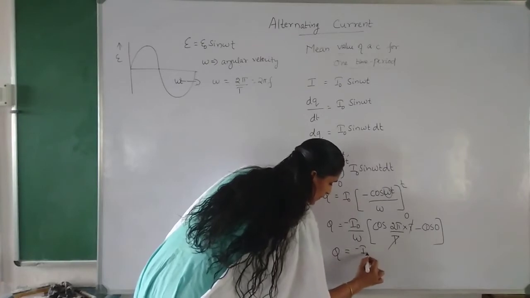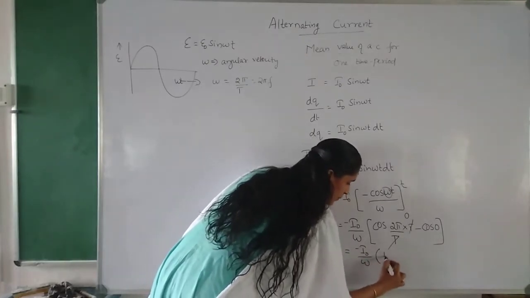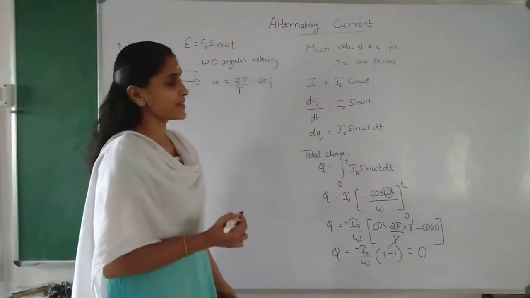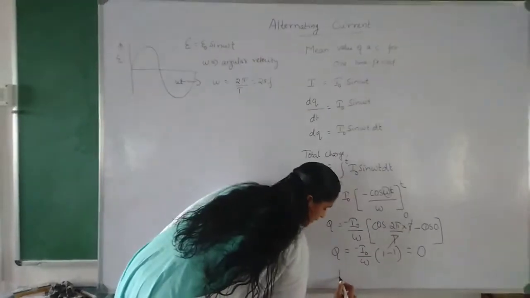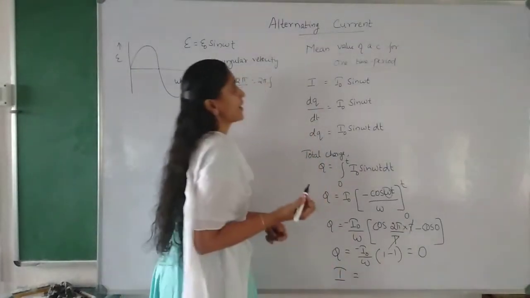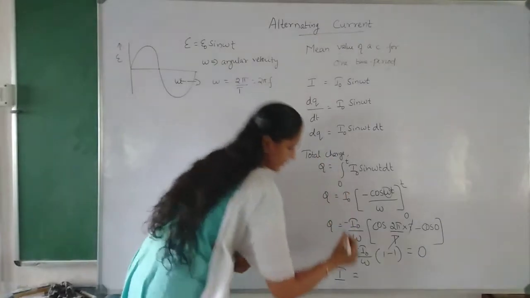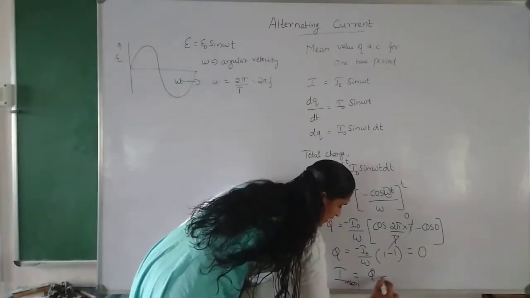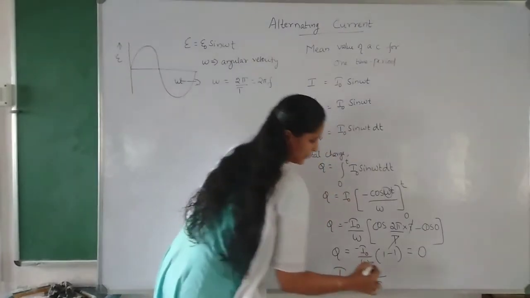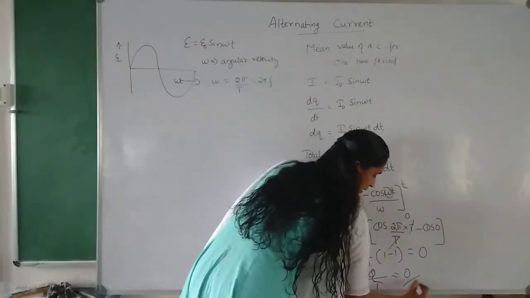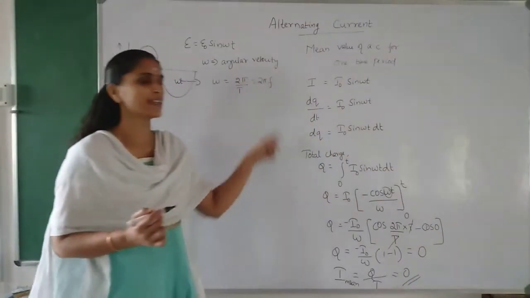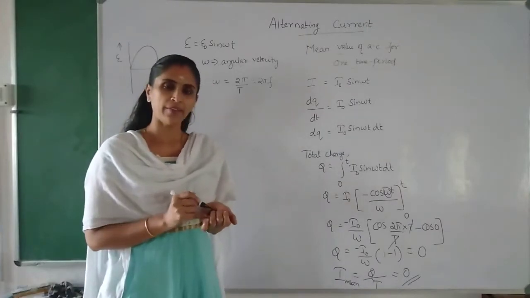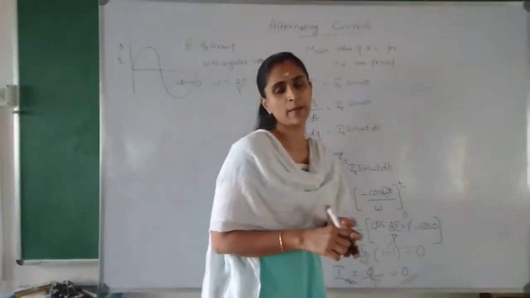Why is it 0? Here 1 minus 1. So the total charge is 0. The mean value for one cycle can be written as total charge divided by total time taken. Total charge is 0, so the mean value of AC for one time period is 0. Okay, mean value of AC for one time period is 0.